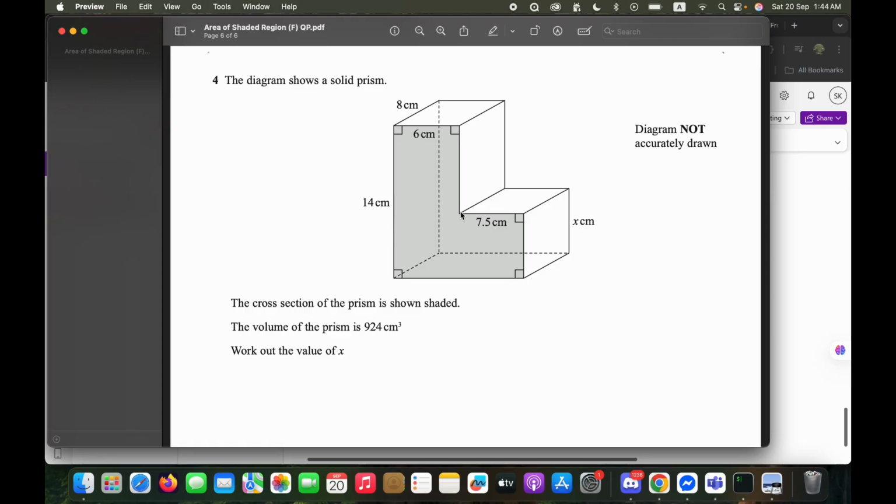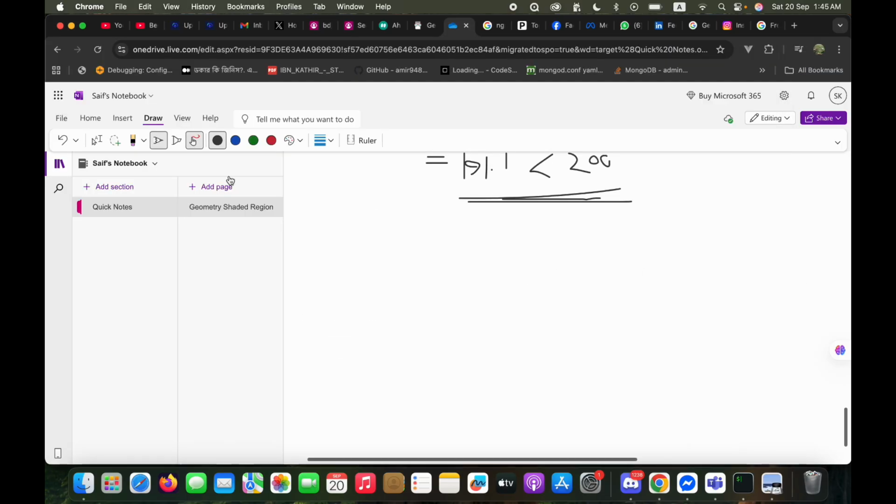If I take a cross section here, it will have two parts, two cuboids. One is this one and another is the base, this cuboid. So I'll individually calculate the volume of each cuboid and then add them and equate the sum with 924, then we can find the value of X. So let's try this one.